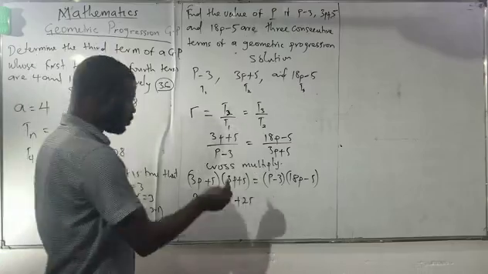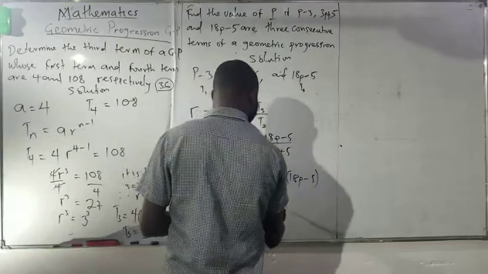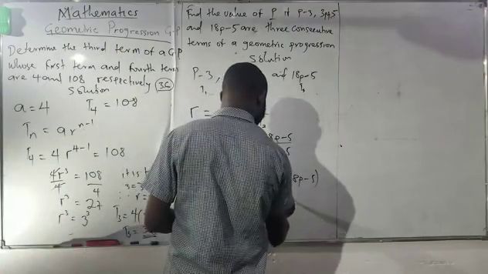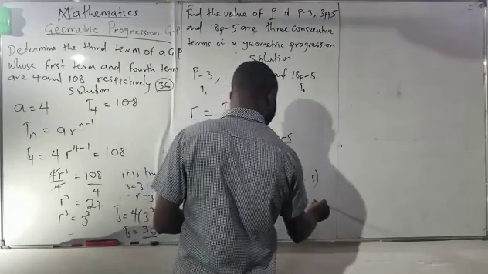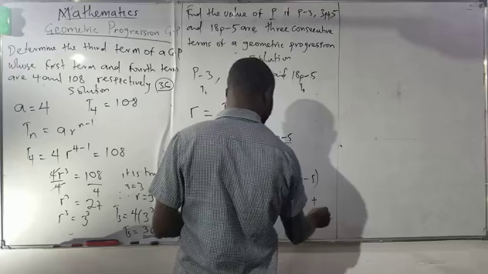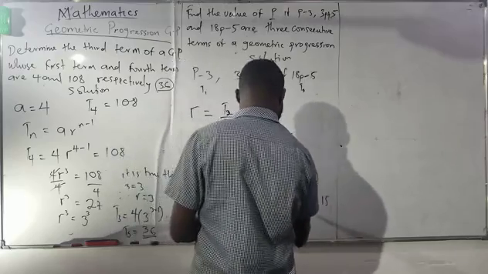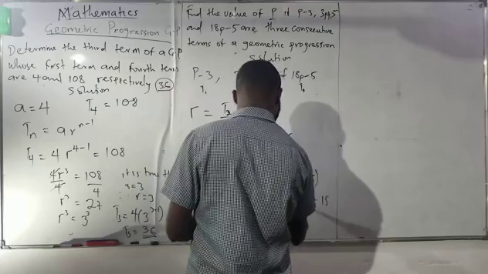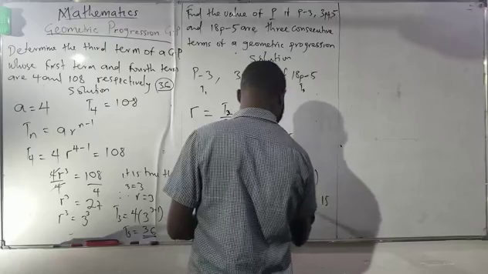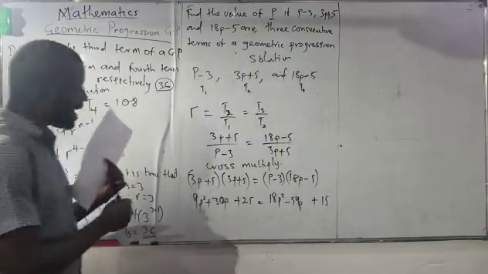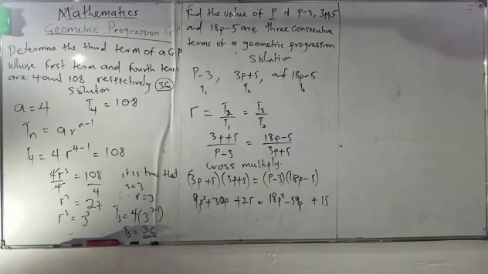Now, the next one will be 18p squared, plus 15, and minus 59p. There is a way you expand, which I've explained in the videos, how to expand in a very fast way.